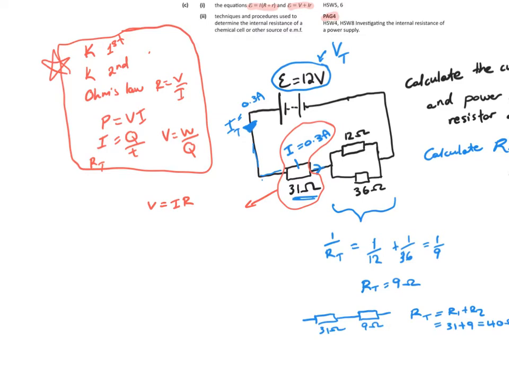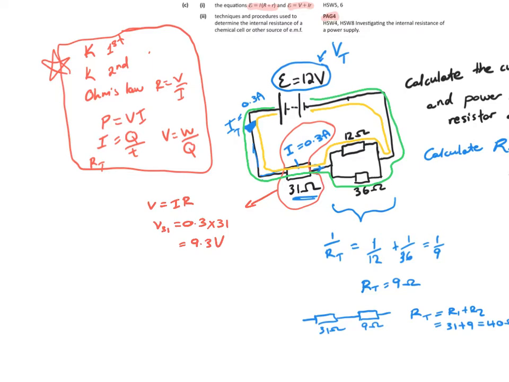So moving on from here, the voltage across the 31 ohm resistor should be 0.3 times 31, which gives us 9.3 volts. So I already know from Kirchhoff's second law that if I follow through this path, I have one loop here and I have another loop here.